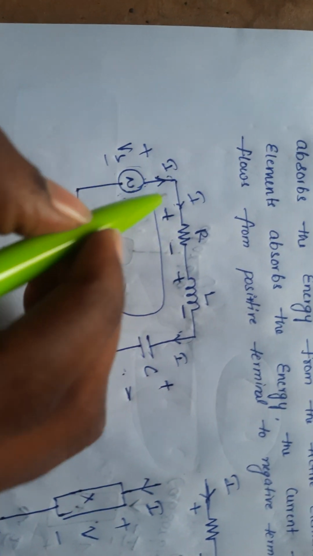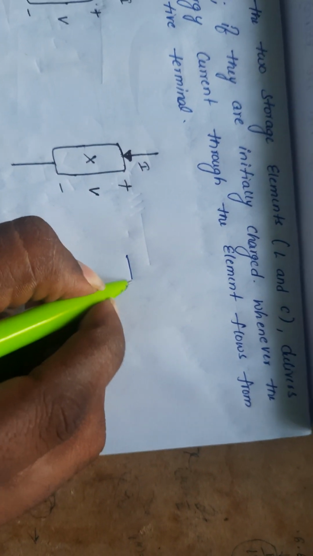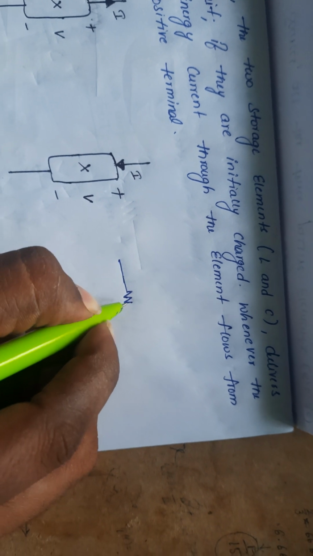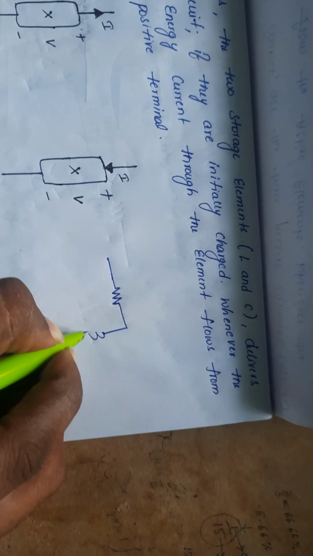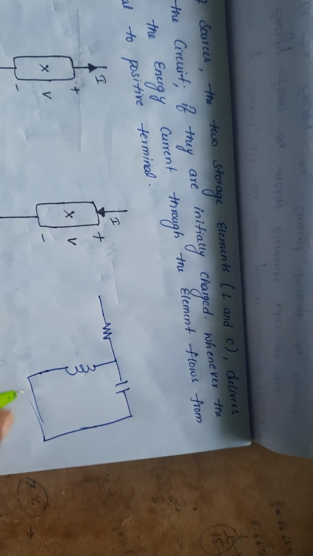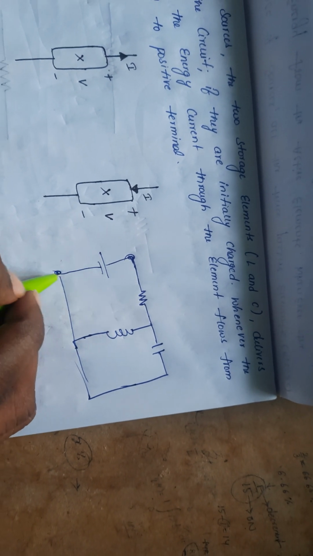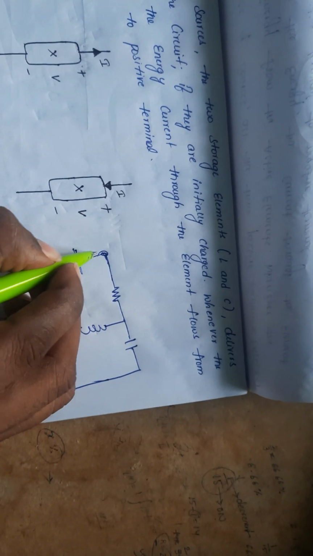Absence of sources means, let us see the circuit. For example, this source is disconnected. Here this is the resistance, this is the inductor, and this is the capacitor. For example, initially we will give the source, but after some time we will disconnect it.